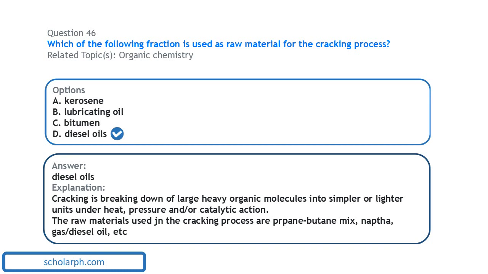The cracking process is a process by which large heavy organic molecules are broken down into smaller units, usually under heat, pressure, or in the presence of a catalyst.